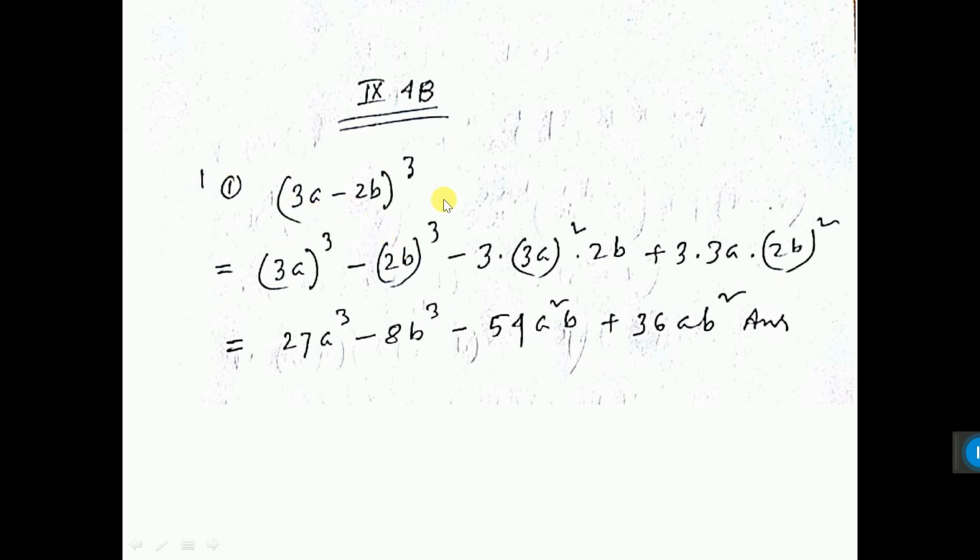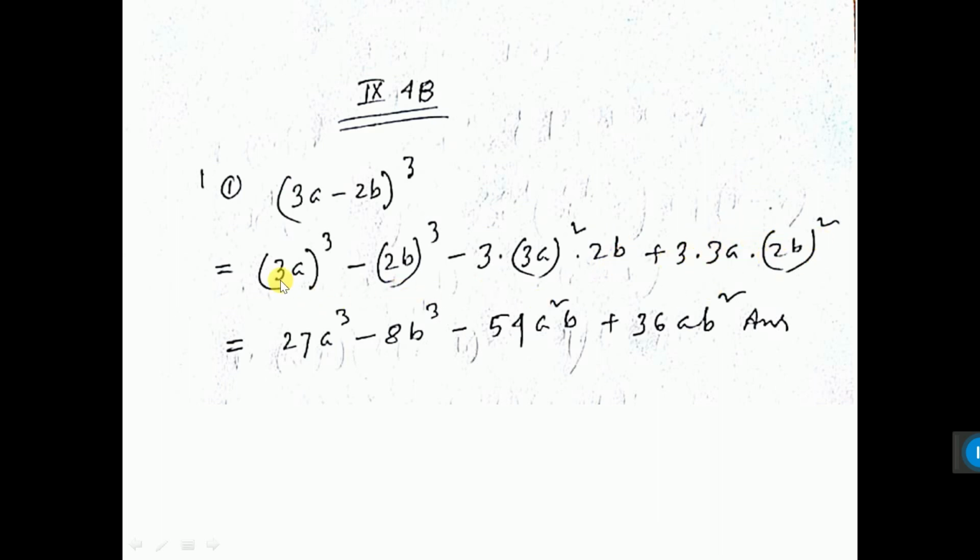See, sum number 1 I have done here. (3a - 2b) whole cube, that is (a - b) whole cube. The formula is a cube minus b cube minus 3a square b plus 3ab square. Here a means 3a and b means 2b. That I did here.